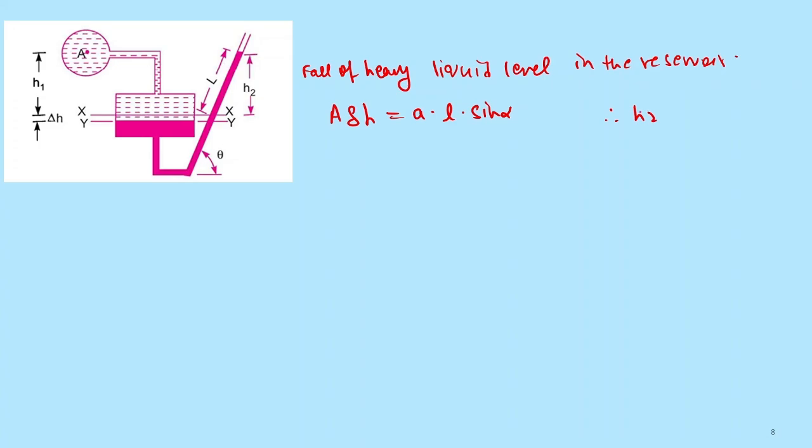And from the diagram we can say H2 equal to L sin alpha, so del H will become a into L into sin alpha upon A.